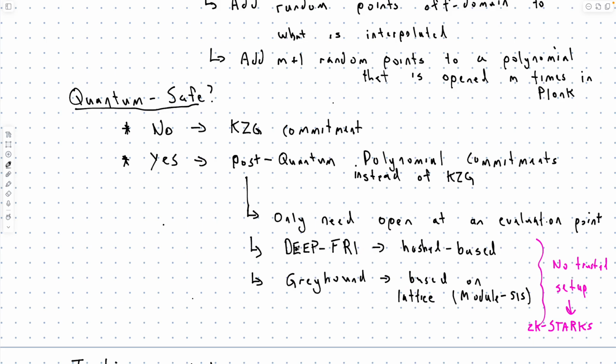And now people have succeeded in making polynomial commitments that are based on this assumption. And every year there's a new one. So today, 2026, Greyhound is kind of the state of the art. But if I was teaching this course last year, I would have said, the name escapes my brain.